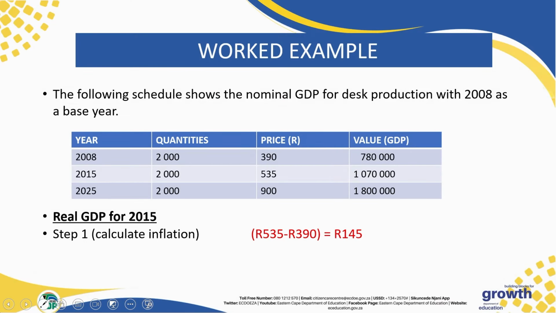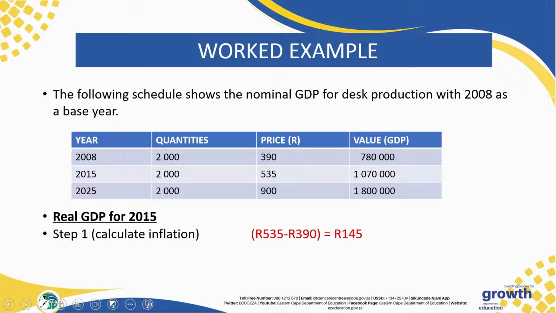So let's move. If we're about to calculate the real GDP, let's say for 2015, the first step that we need is to calculate the inflation. So the prices in 2015 were 535. Then we deduct the prices of a base year, which is 2008, 390. Then we get 145.